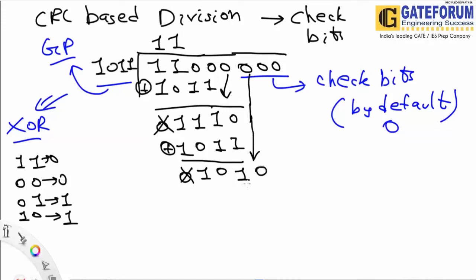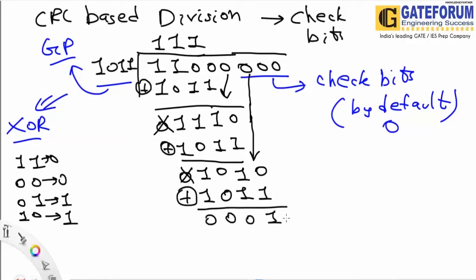So now it is 1010. Again, the most significant bit is 1, so we take 1011 and again apply XOR. So 110, 110. The most significant bit is removed and we get one more 0.